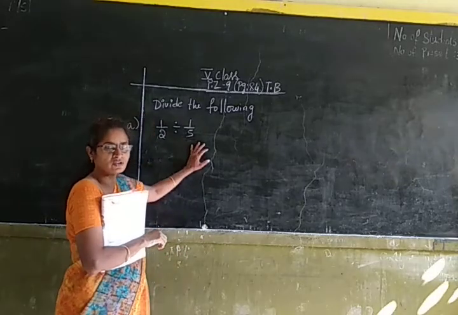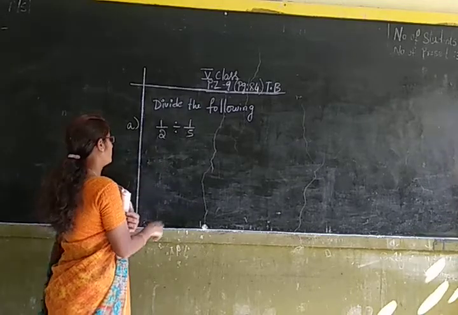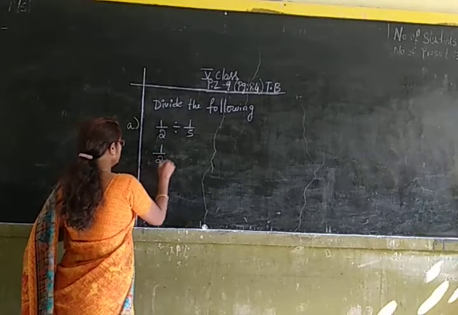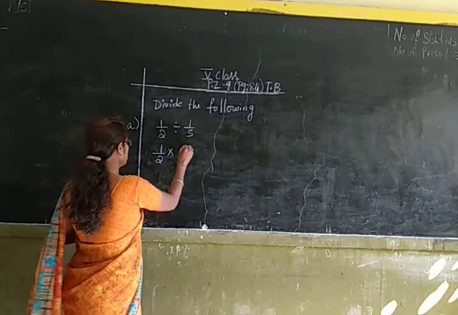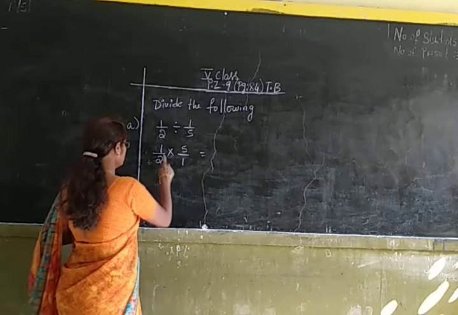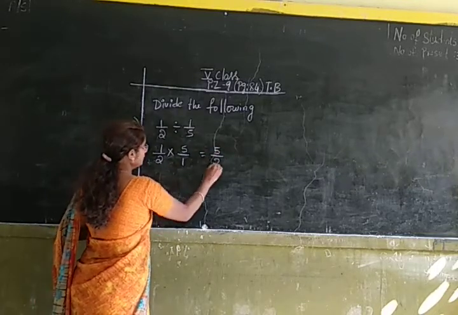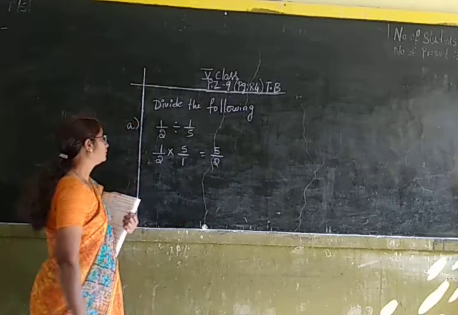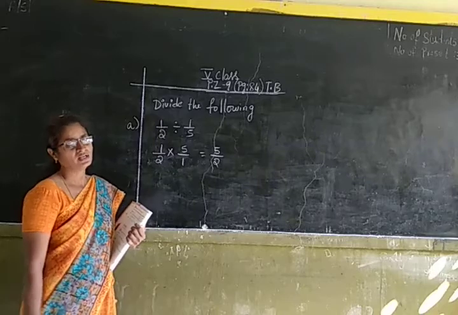First you have to write down the reciprocal of the second fraction and then multiply it with the first fraction. So 1 by 2 into the reciprocal of the second fraction, 1 by 5, which is 5 by 1. Now let us multiply the fractions. 1 5s are 5, 2 1s are 2. So 1 by 2 divided by 1 by 5 is 5 by 2.